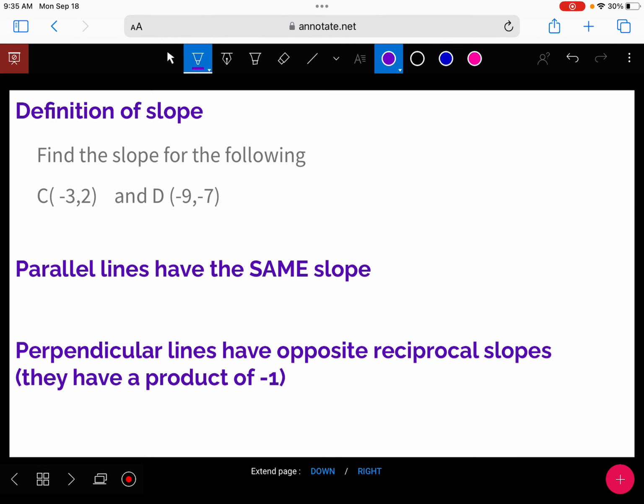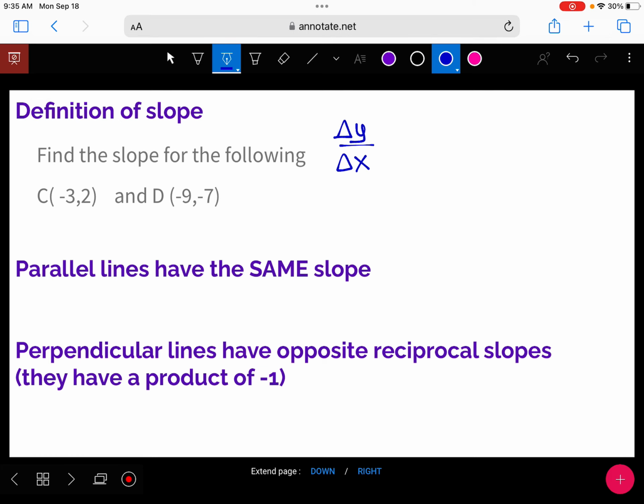Okay. We're going to remember how to do slope. We've talked about it. It's come up before, like we've seen it previously this semester. Finding our slope is when we have the change in our y's over the change in our x's.